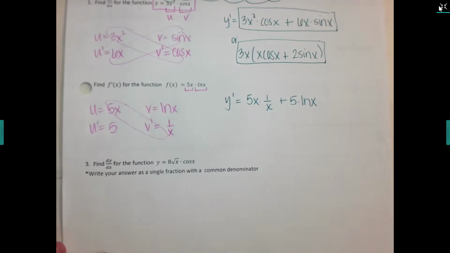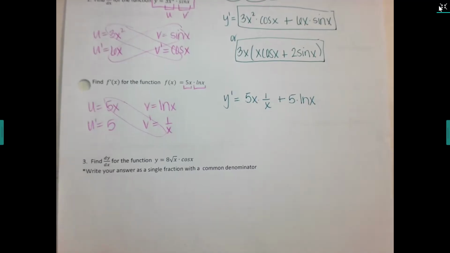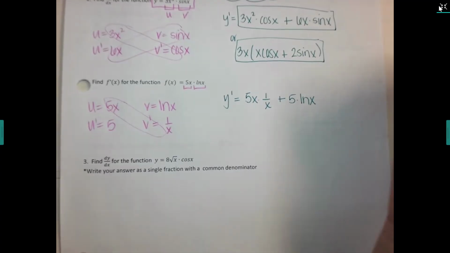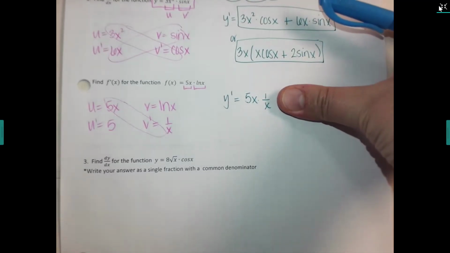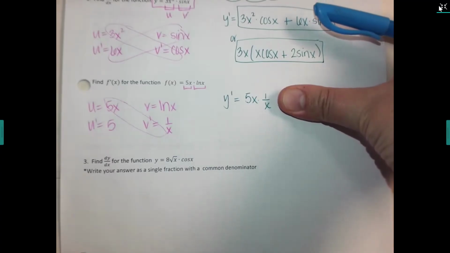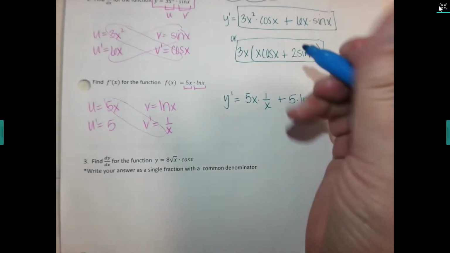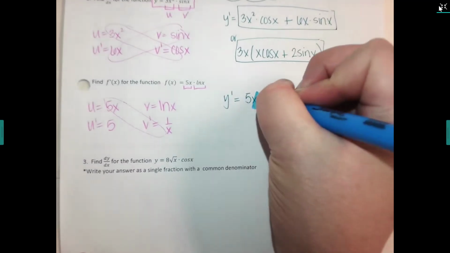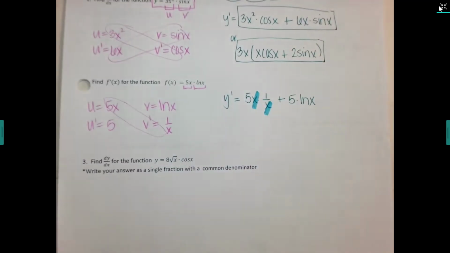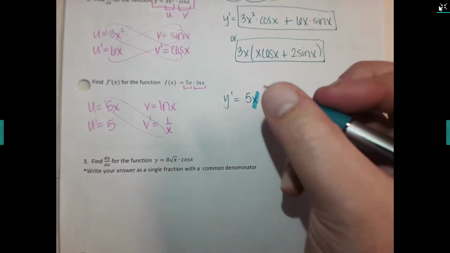Now, in that first term, if I have a 5x and a 1 over x, what could I do? Just pretend just that term. Yeah, the x's are going to cross out because you have a times x on top and a divide by x on bottom. So then all that would be left is 5 times 1, which would just be a 5.